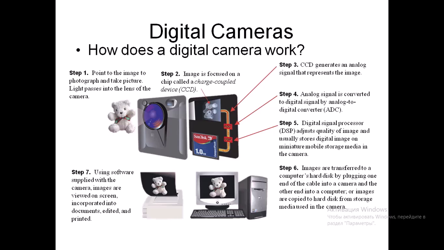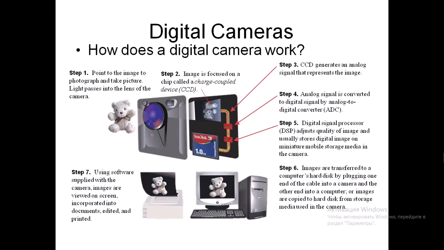Digital cameras. How do digital cameras work? Point to the image to photograph and take a picture. Light passes into the lens of the camera. Then the image is focused on a chip called a charge-coupled device.